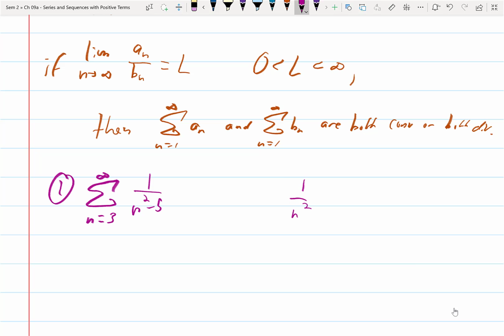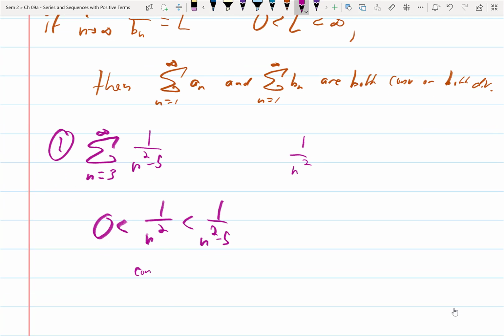If I tried to compare it, I know that 1 over n squared is less than 1 over n squared minus 5, and I know that this is greater than 0, and n squared converges, but that doesn't tell me anything about n squared minus 5. It doesn't trap n squared minus 5. So this direct comparison is out.